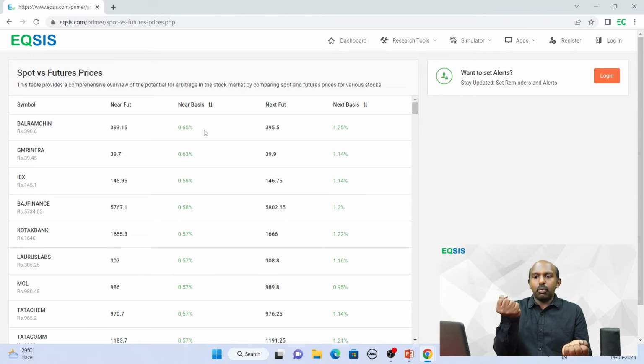So Balrampur Chini spot price is 390 and future price is 393.15. What are we supposed to do to encash this? Buy it in the spot market. If you wish to buy it in the spot market, you have to pay 390 rupees upfront, cash from your pocket, and simultaneously place a sell order in the future market at 393.15, by which we all know that towards the end of this month the price is going to be the same.